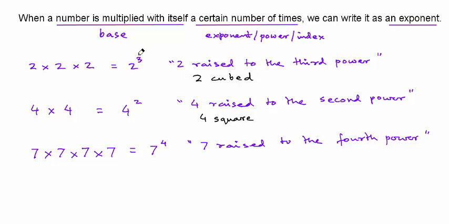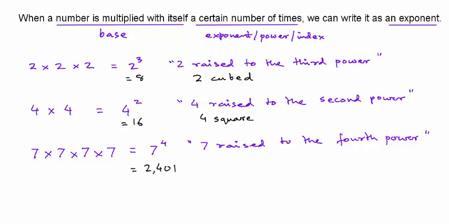The numerical value of 2 cubed is 8, because 2 times 2 times 2 is 8. The numerical value of 4 squared is 16, because 4 times 4 is 16. And the numerical value of 7 raised to the fourth power is 2401, because if you multiply 7 with itself 4 times, you get this number.